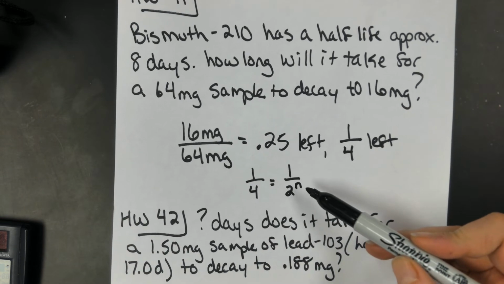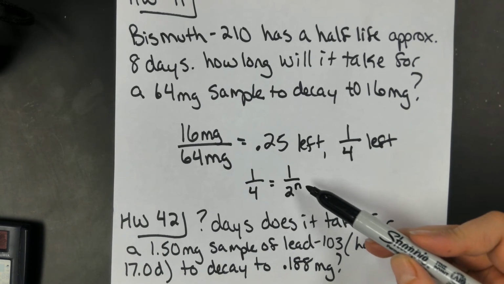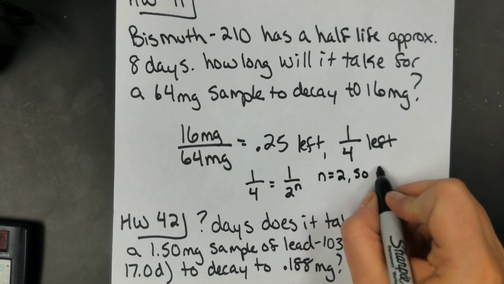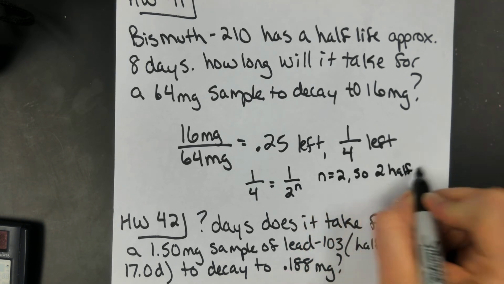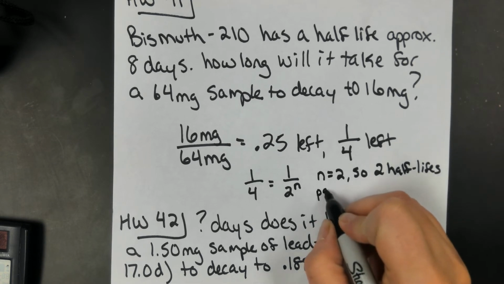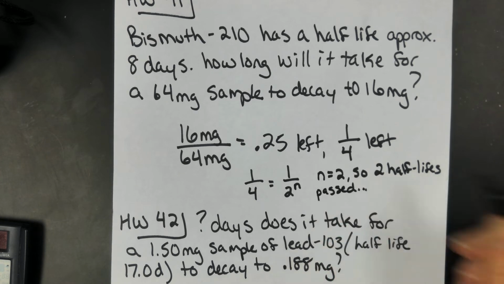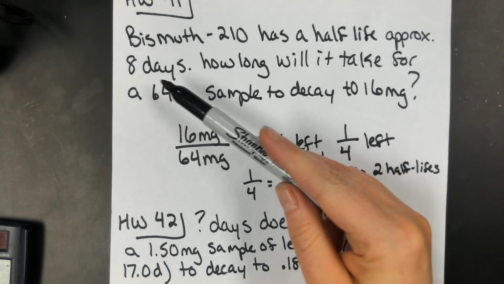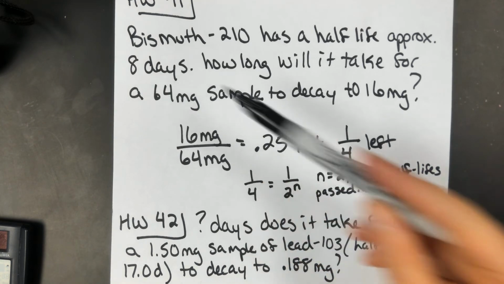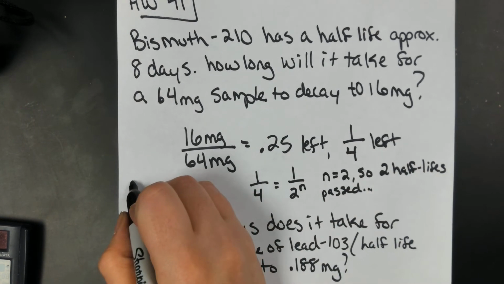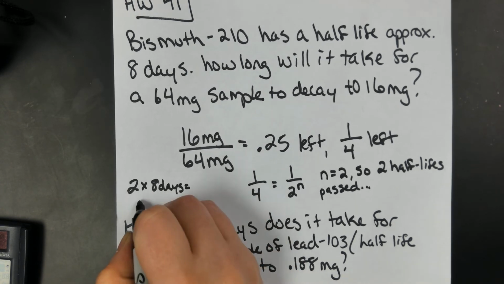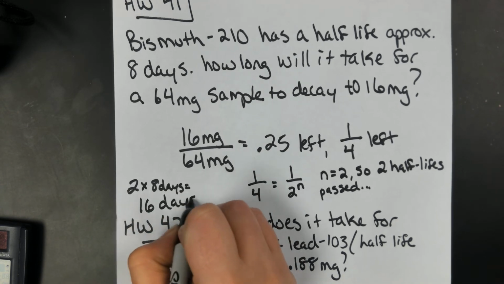What is n in this case? n equals 2. So 2 half-lives passed. If each half-life is 8 days, we have 2 times 8 days equals 16 days. 16 days passed.